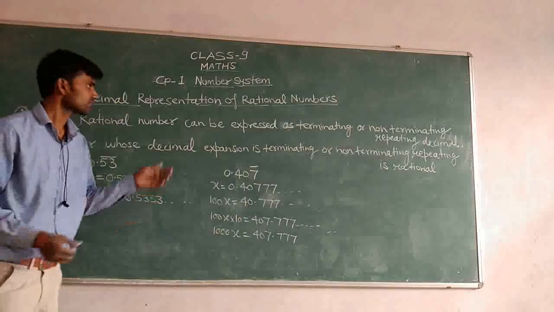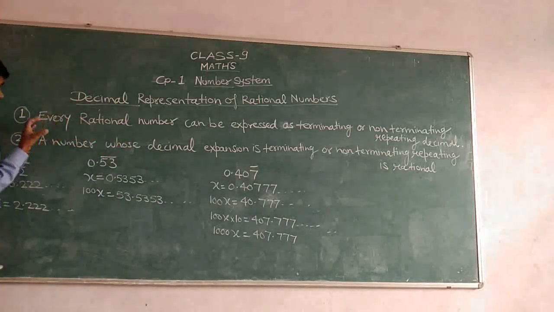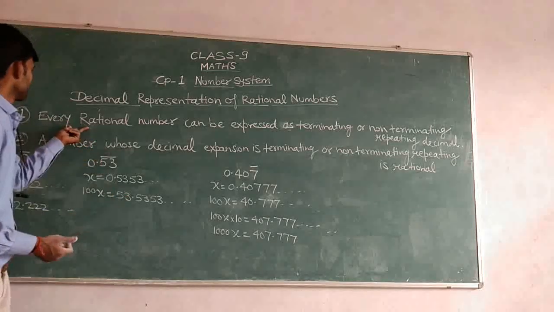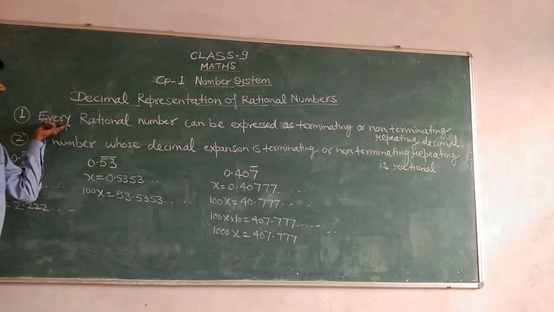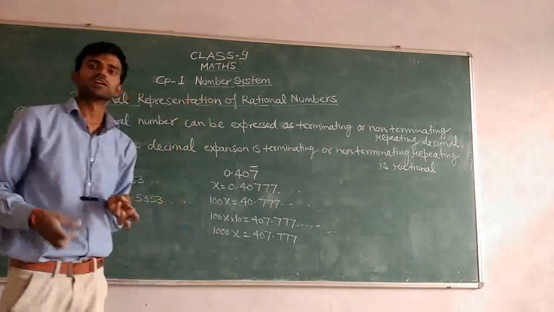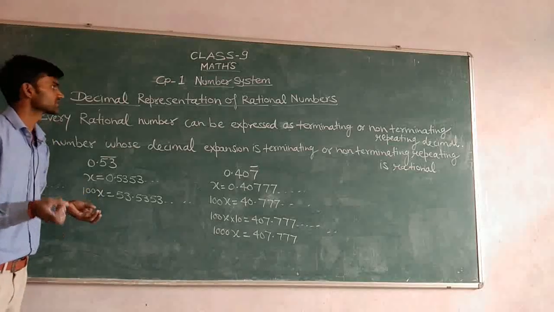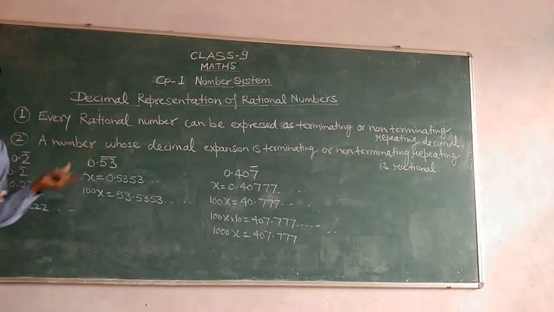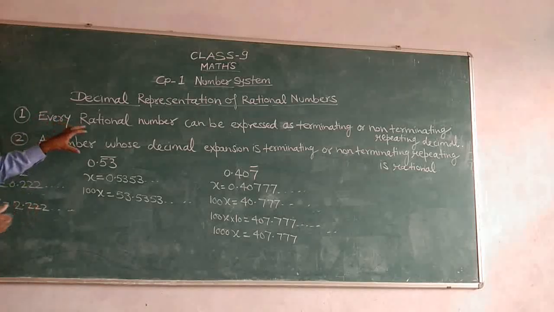Now come to these two important results. As we know about the decimal representation of rational numbers, repeating decimal numbers and terminating decimal numbers, what can we say from these two rules? There are two properties.